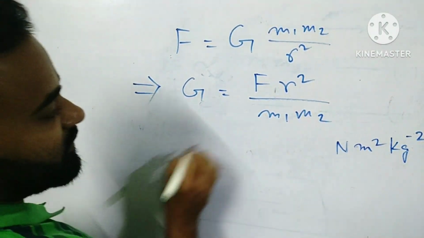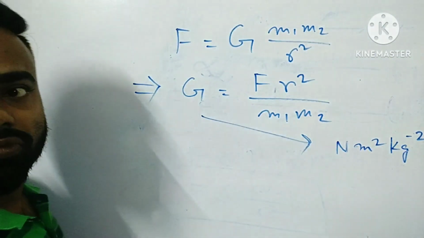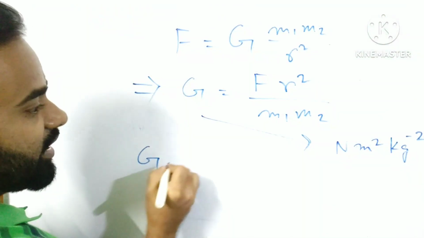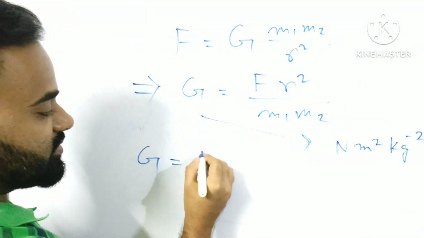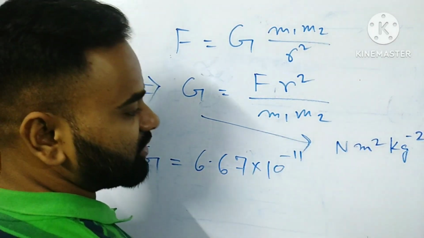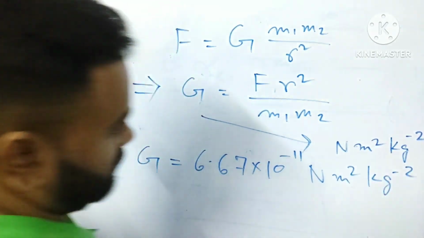So the unit of capital G will be Newton meter square kg to the power minus 2. And capital G has a definite value in the SI system, which is 6.67 into 10 to the power minus 11 Newton meter square kg to the power minus 2.